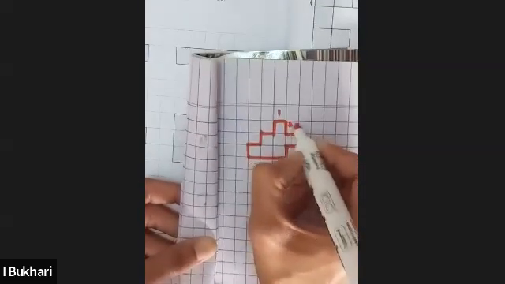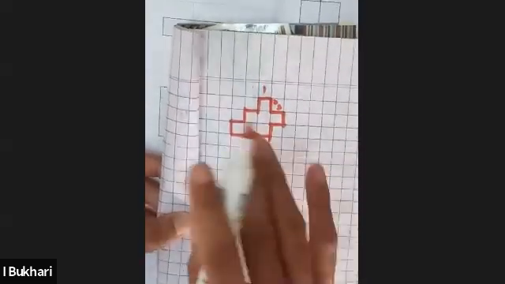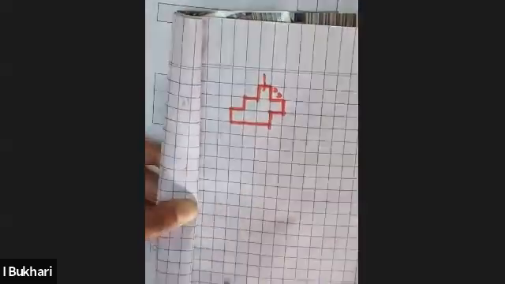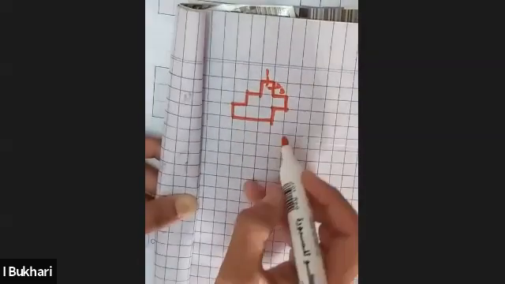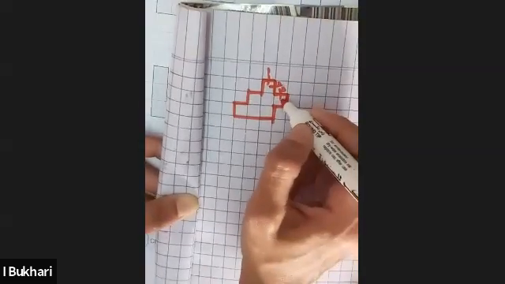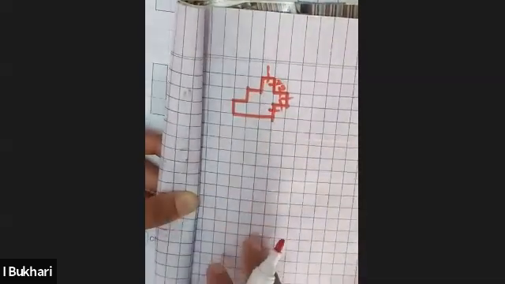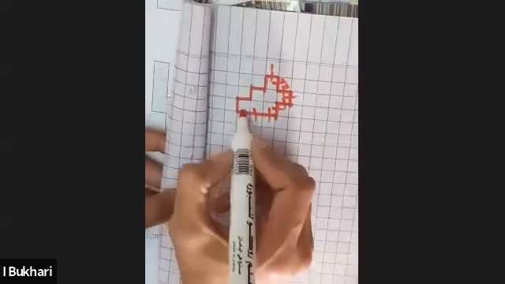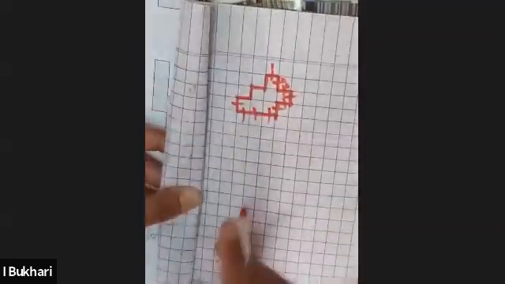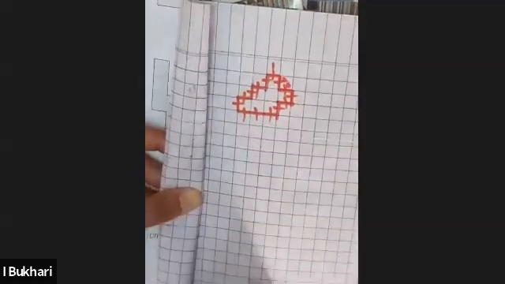So 1, 2, 3. Or if you are getting confused, there's another way. Cross out the side that you are counting. 1, 2, 3, 4, 5, 6, 7, 8, 9, 10, 11, 12, 13, 14.